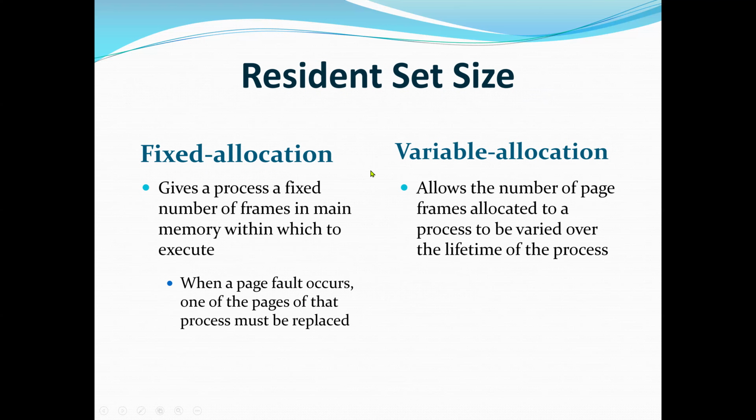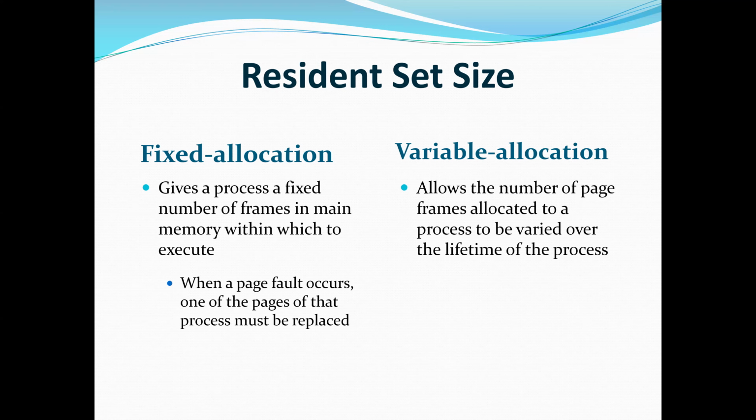Next, the resident set size. With these factors in mind, two sorts of policy are to be found in any contemporary operating system. One is the fixed allocation policy, which normally gives a process a fixed number of frames in main memory within which to execute.